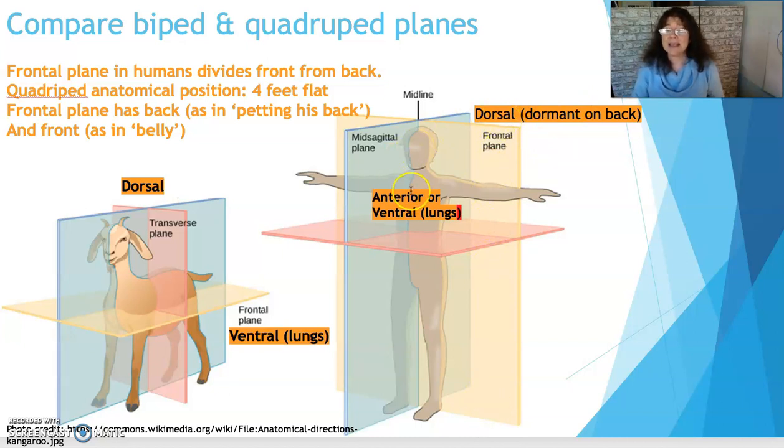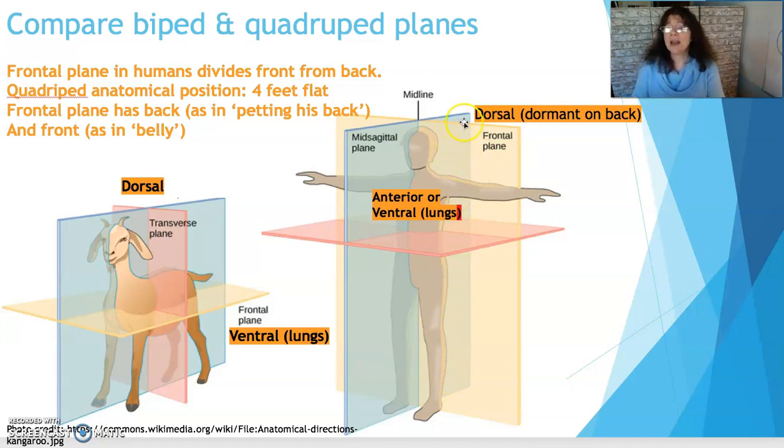And here, we don't call it the front, we call it the anterior side of the frontal plane. We may also call it the ventral side because the lungs ventilate and they are toward the anterior aspect of this frontal plane. Your lungs are not in the back of you. Your lungs are right up front.